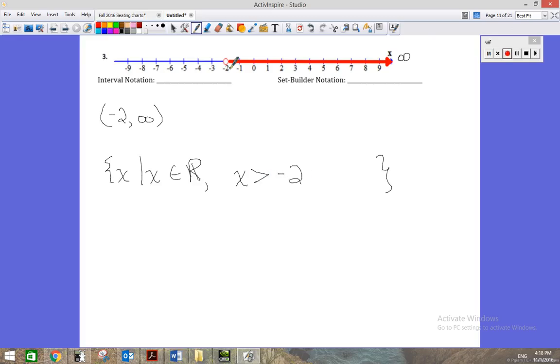And I do not underline it because that's not solid. Had that been a solid point, I'd say that they are greater than or equal to -2. These numbers are all just real numbers that are strictly bigger, to the right of -2. So two different ways, two different notations to describe the same set of numbers.